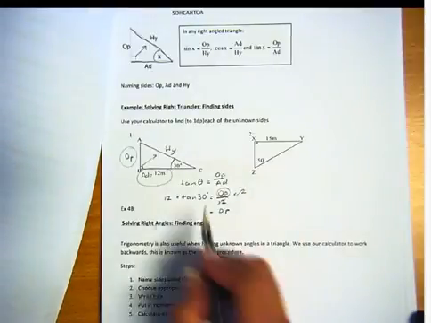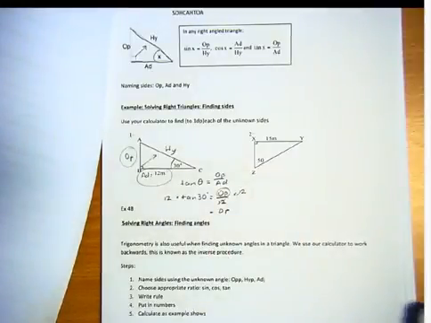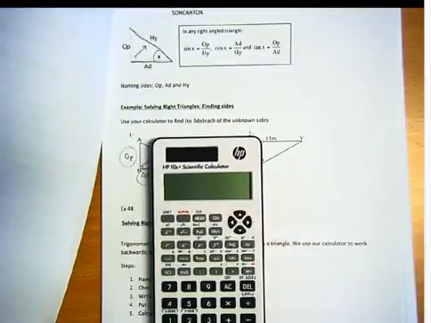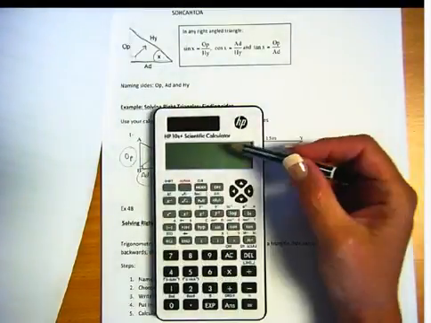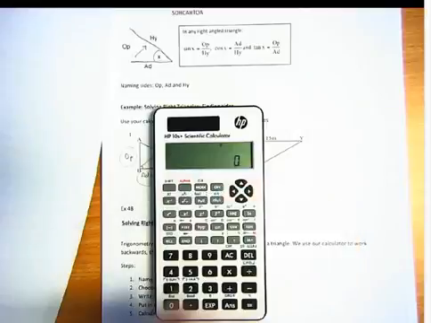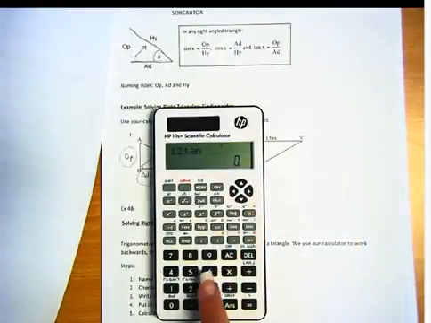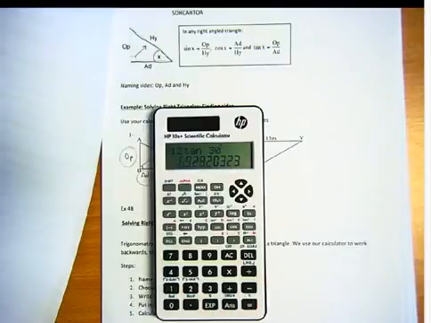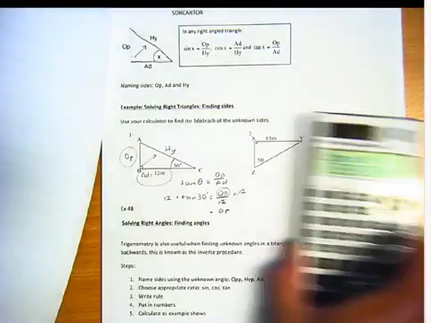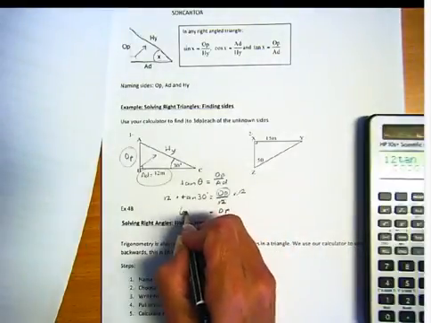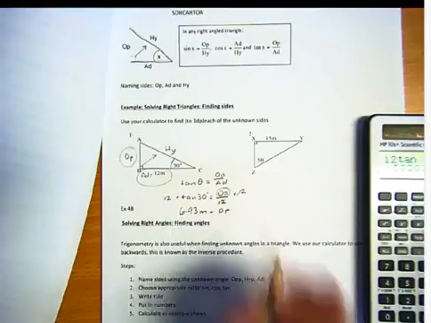On this side I've got 12 multiplied by the tan of 30. That's what I do on my calculator, making sure that I'm in degrees: 12 multiplied by the tan of 30. That gives me 6.93, and the units are meters.